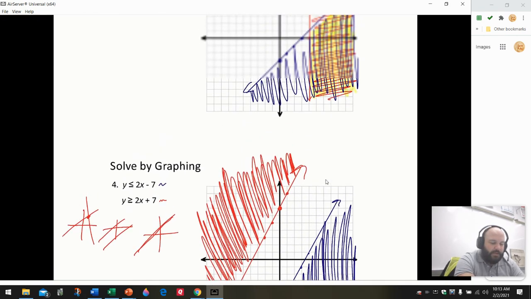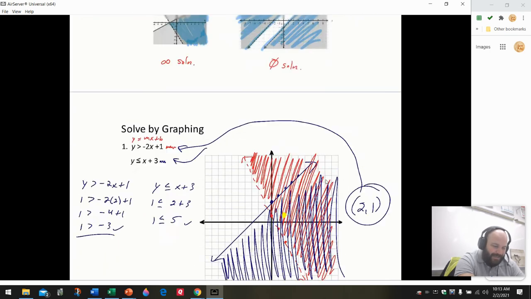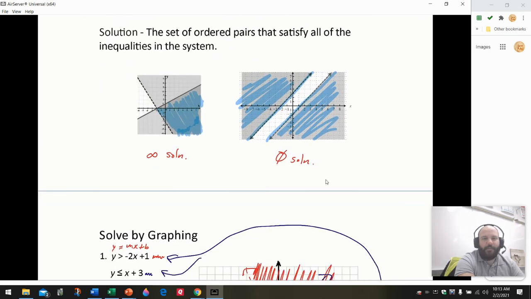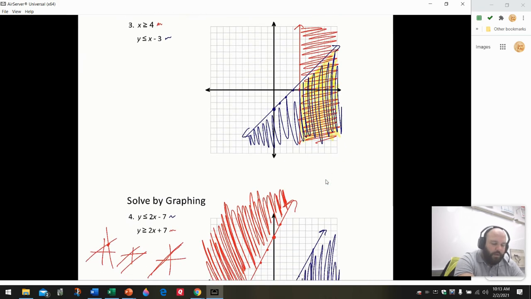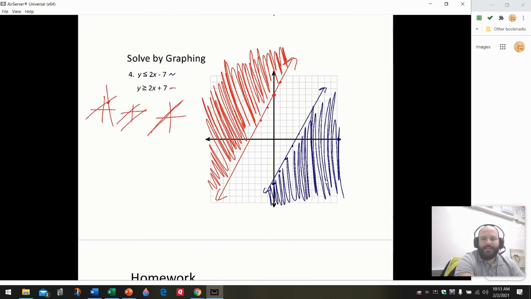But with systems of linear inequalities, there's only 2 things that can happen. Either there is an infinite number of solutions because the shading overlaps, or there are no solutions because the shading does not overlap. There is no one solution like there is for systems of linear equations. So in this case, there would be no solution.